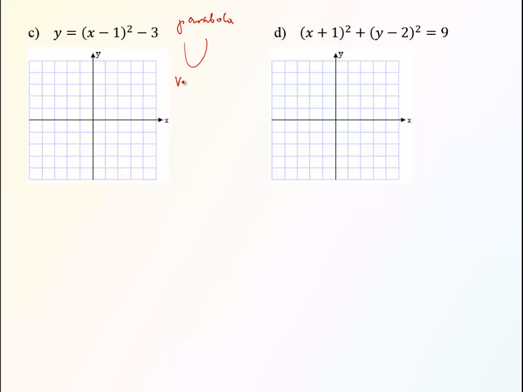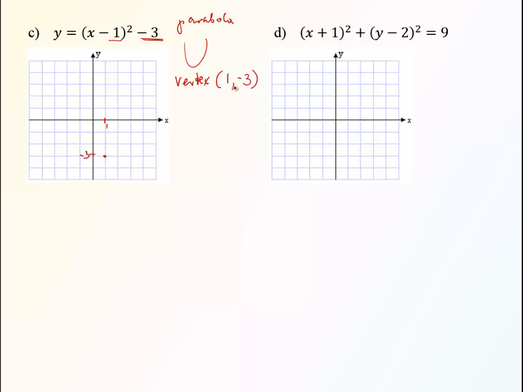And the vertex of this parabola we can read as before by taking the first coordinate, a number that is in the bracket with opposite sign, so it's 1, and the second coordinate, a number that is outside of the bracket, which is -3.